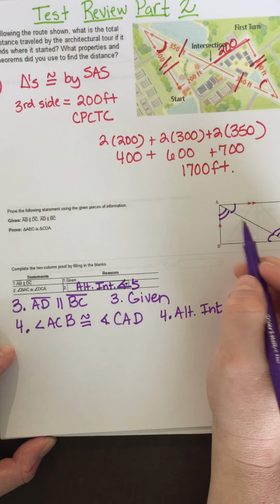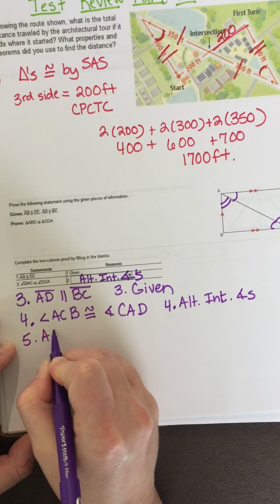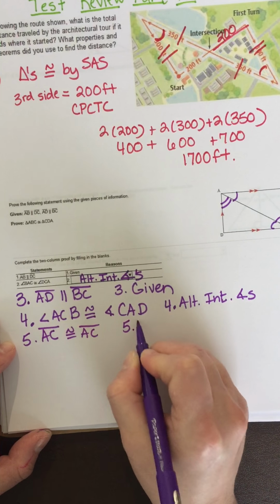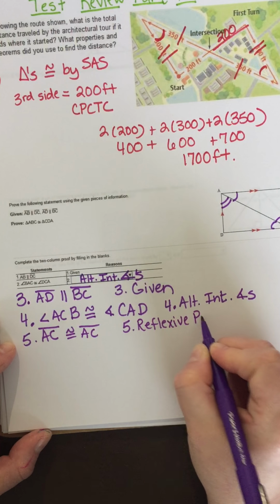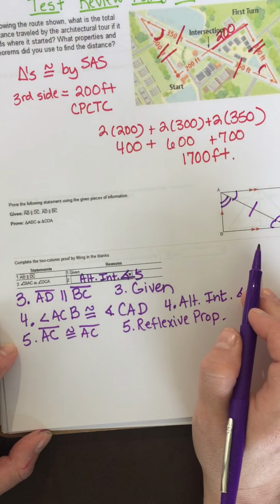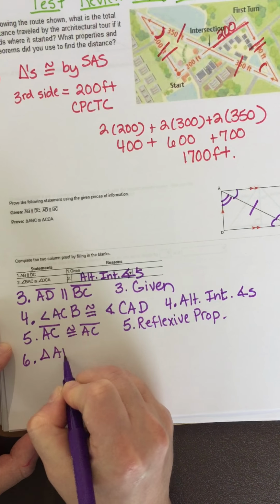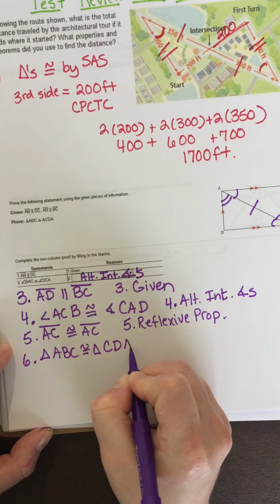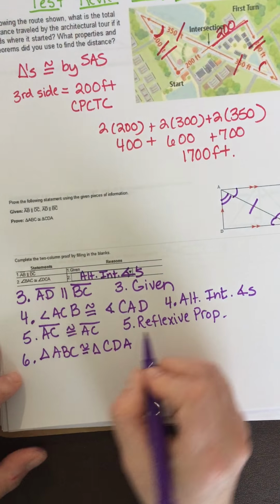All right, and then we have them sharing this side, so I could say that AC is congruent to AC, and that is the reflexive property. So let's mark that. So now I have that these two triangles are congruent, right? So I can say that triangle ABC is congruent to triangle CDA, and I know that because of angle, side, angle.